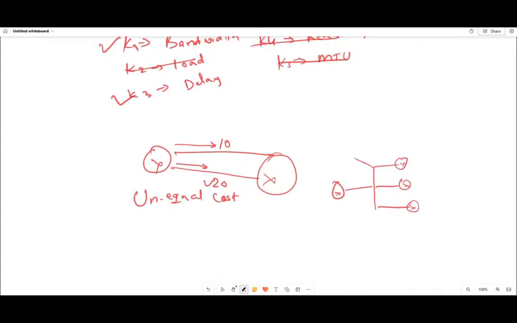A rogue router comes here and sniffs the packets going on this network, and it comes to know that they are running EIGRP, so it can spoof a packet and hack your network. So to protect this, you can use an EIGRP password to become a neighbor, and EIGRP supports MD5 authentication.